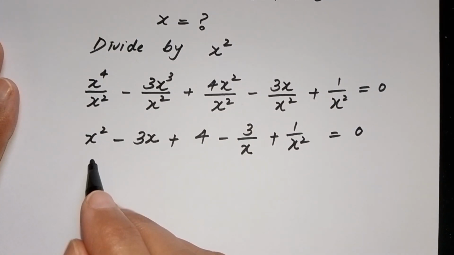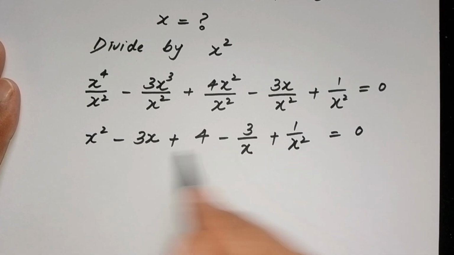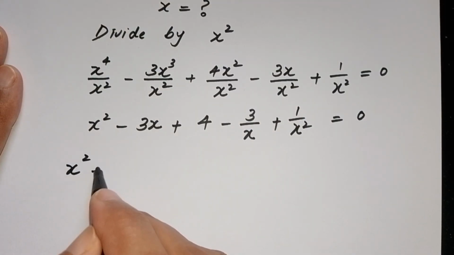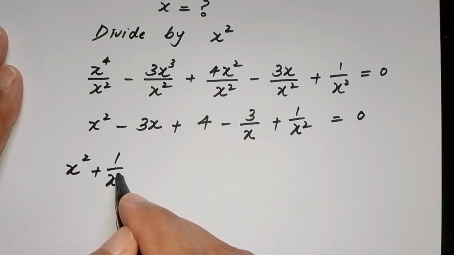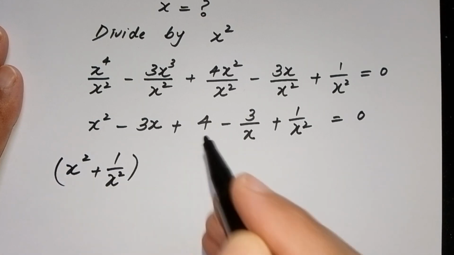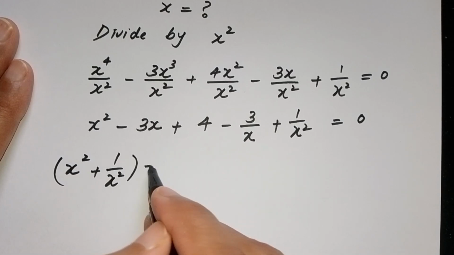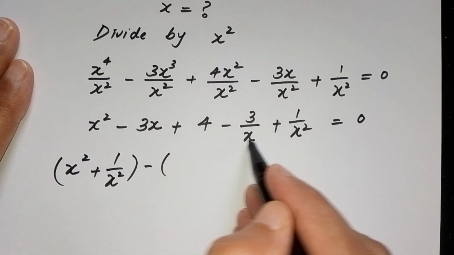Now we will group the same values. We will group the x^2 with 1 over x^2, and here we will group minus 3x with minus 3 over x.